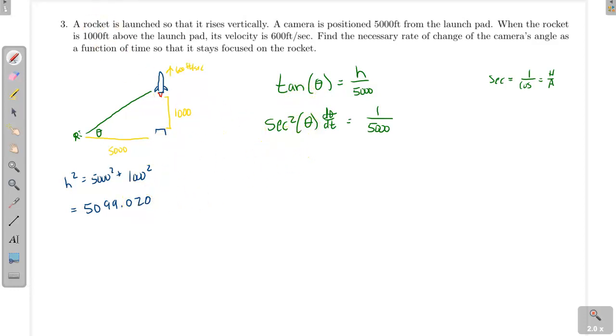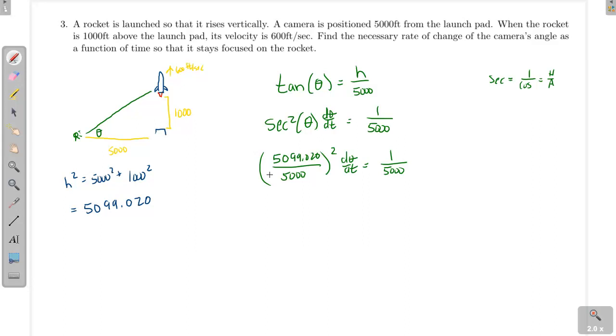All right, so secant is that hypotenuse over the adjacent side, 5,000, squared, d theta dt equals 1 over 5,000. All right, this I'm also just going to put in a calculator, so I'm going to do that, divided by 5,000, and then square all that.